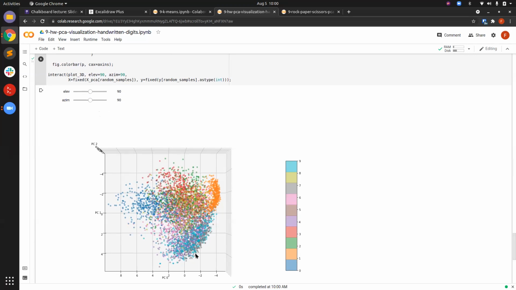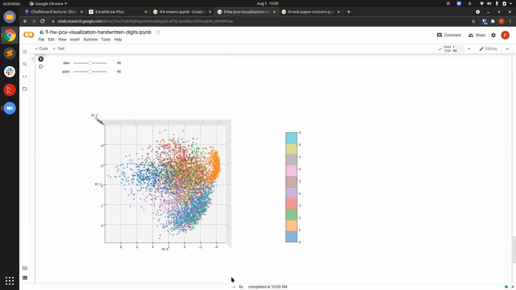First of all, notice along the principal component 0 axis, we do indeed see that all the zeros, this blue color shows all the 0 samples, tend to have a large positive value for principal component 0, because principal component 0 is very helpful for reconstructing zeros.